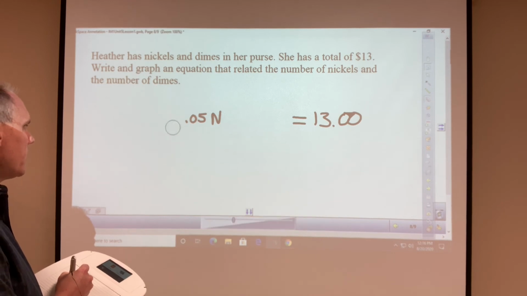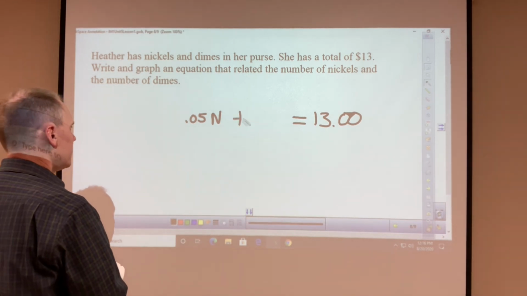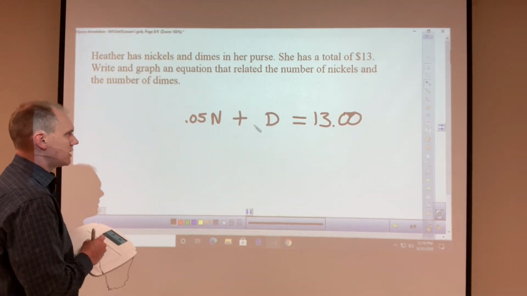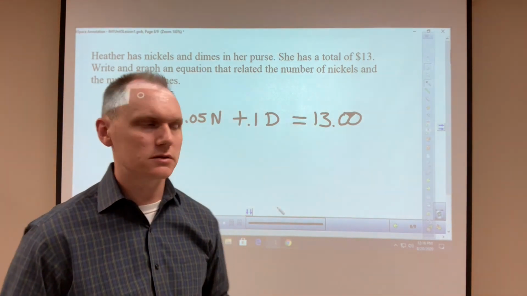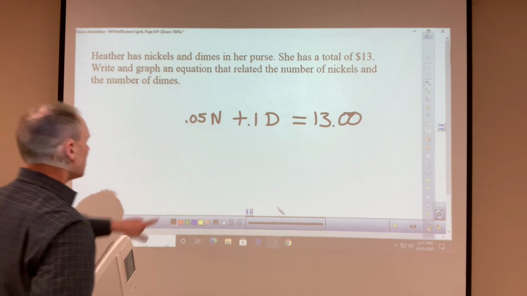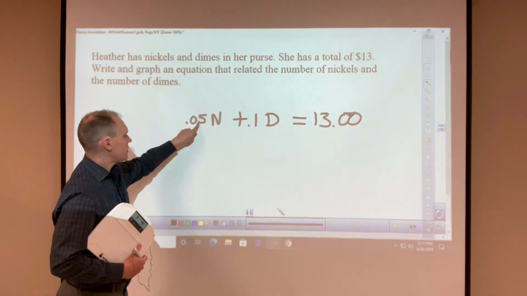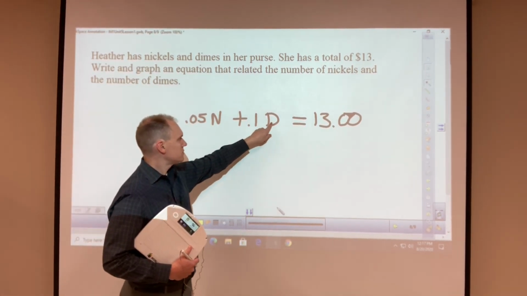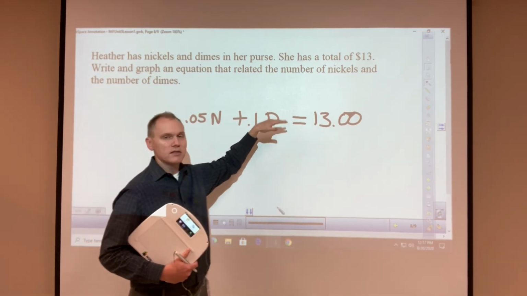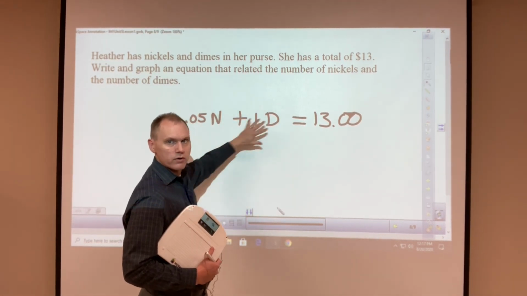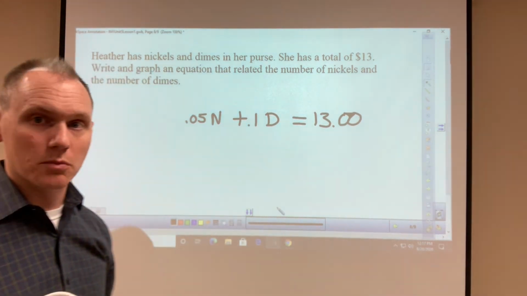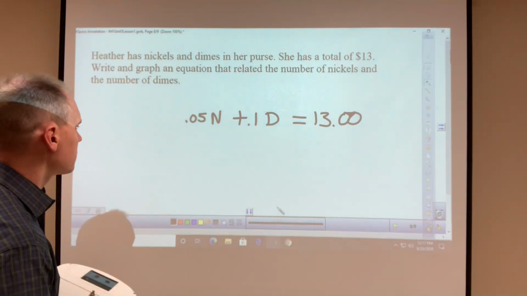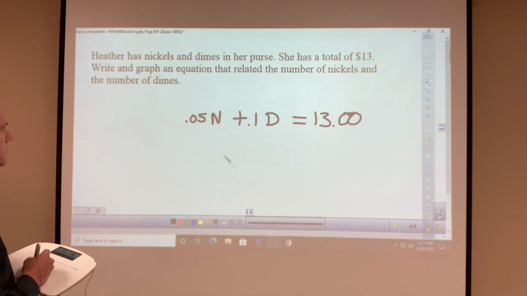All right, what about dimes? Dimes are worth 0.1 or 1/10 of a dollar, right? 10 cents. So if we take the number of nickels, multiply by 0.05, take the number of dimes, multiply by 0.1, and add them together, that gives us the total value of her coins, which must equal $13. Okay, so if we graph this, let's try to graph it by hand first.